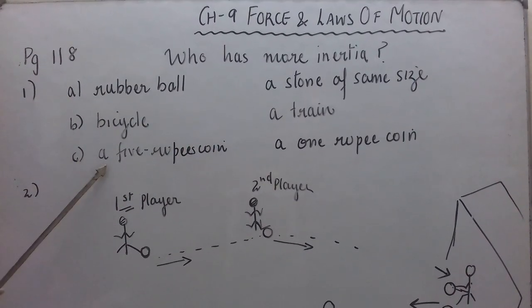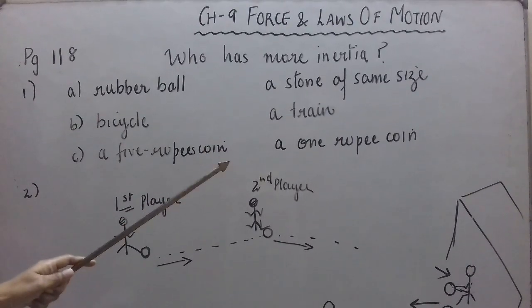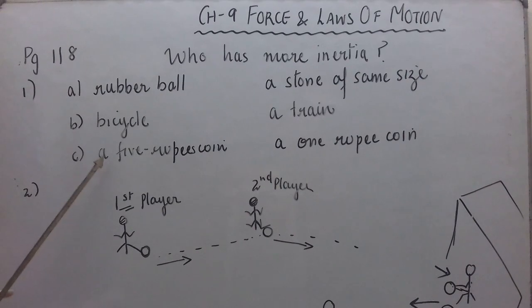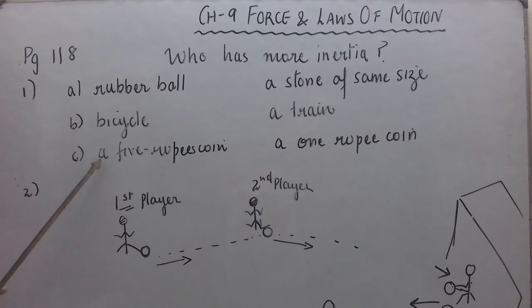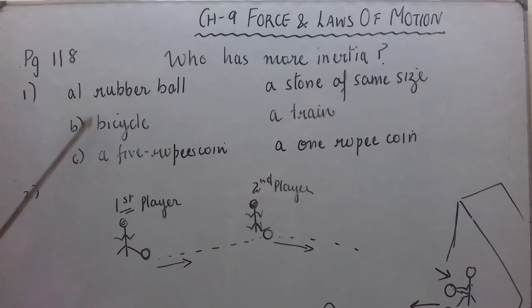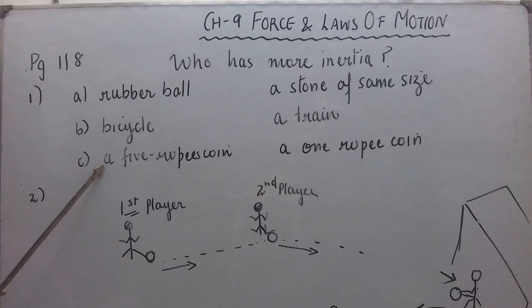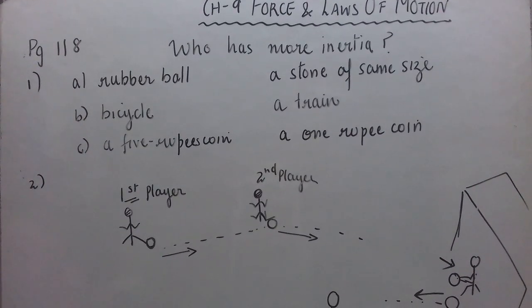Third is a 5 rupee coin and a 1 rupee coin. The 1 rupee coin is lighter, and the 5 rupee coin is heavier, hence it has more mass and thus more inertia. Very simple question.